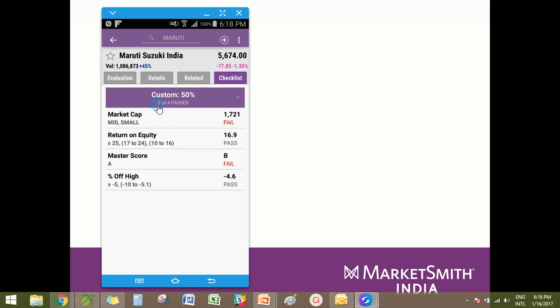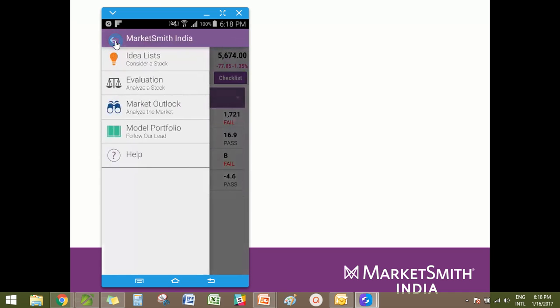And apart from this, there's another really smart feature which allows you to favorite a stock. So once you favorite a stock by clicking this star symbol here, you can actually go to your list of favorite stocks and scan through them on a daily basis.